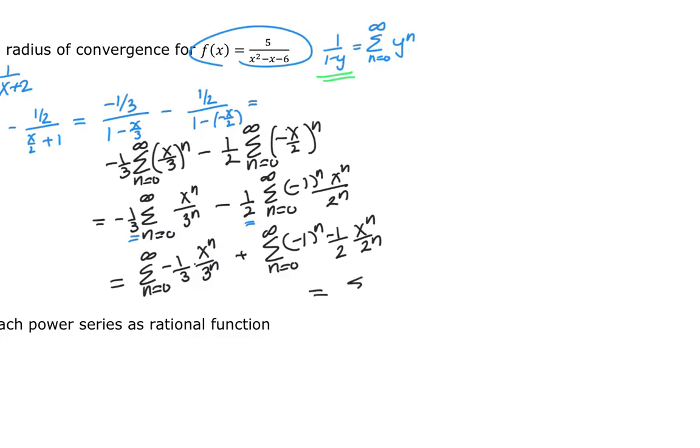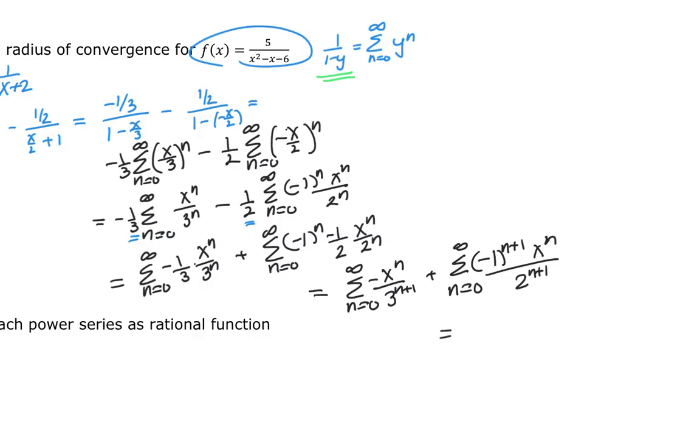And so then I'm going to get the summation of n equals 0 to infinity of negative x to the n over 3 to the n plus 1, plus the summation of n equals 0 to infinity of negative 1 to the n plus 1, x to the n, over, excuse me, 2 to the n plus 1.